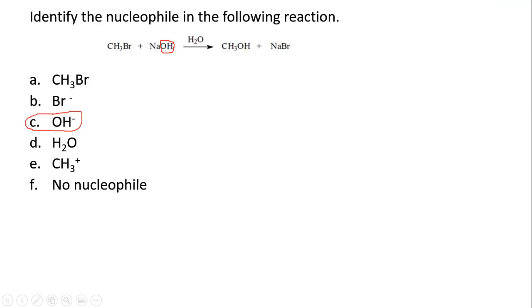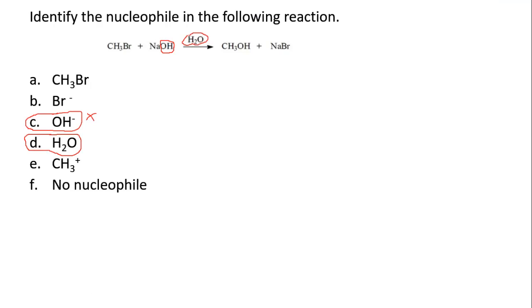But also, since we're using water, water is a weak nucleophile, so water could also undergo nucleophilic substitution. So again, the hydroxide is the major nucleophile.